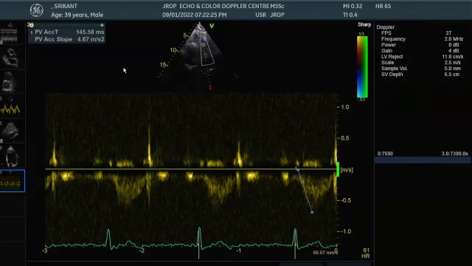What you're talking about, PA pressure, is the PR jet gradient plus RA pressure, that will give you pulmonary artery hypertension, or the peak pulmonary artery pressure. You are confusing pulmonic stenosis with pulmonary artery hypertension.